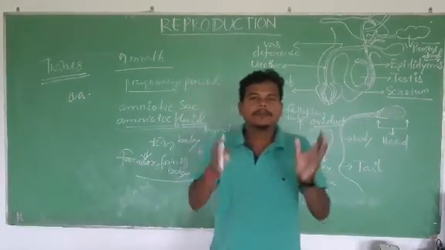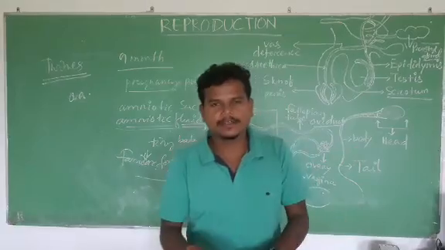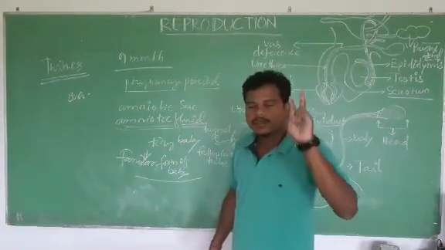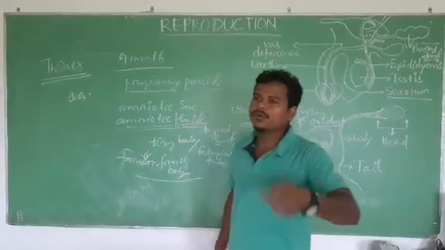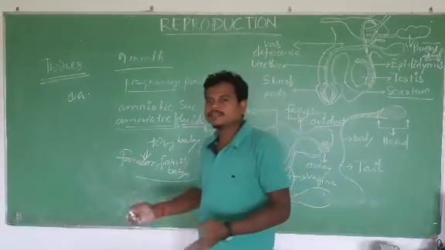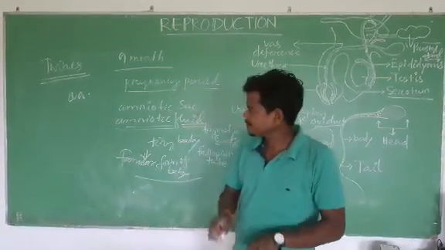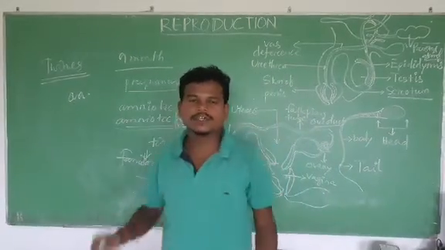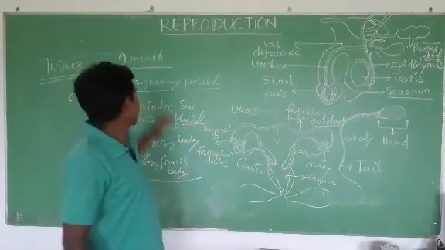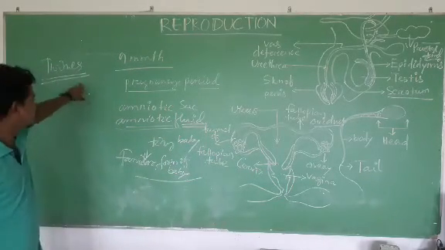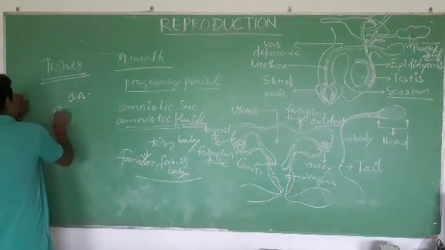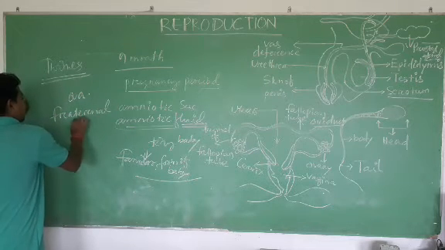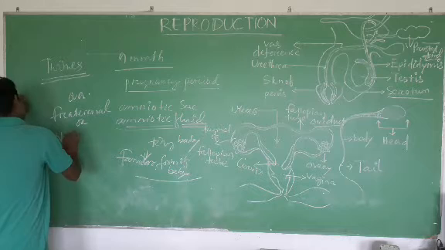In that case, two sperm fuse with two ova. We say these are multiple fusions, and multiple fusions result in the production of twins, and these twins are called fraternal or non-identical.